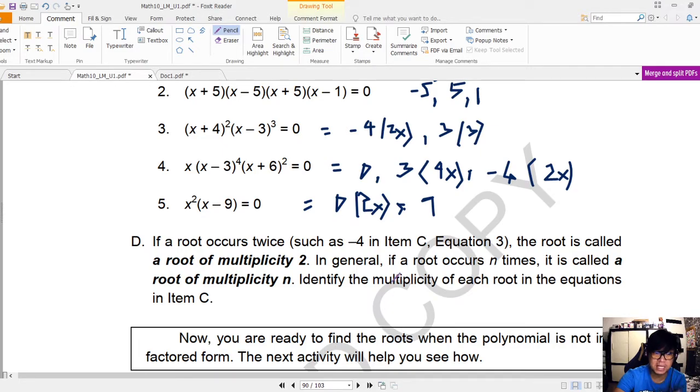Multiplicity ang tawag, root of multiplicity. In other words, identify the multiplicity of each root in the equations in item C. So, negative 4, a root of multiplicity 2, or negative 4 multiplicity 2, 3 multiplicity 3.